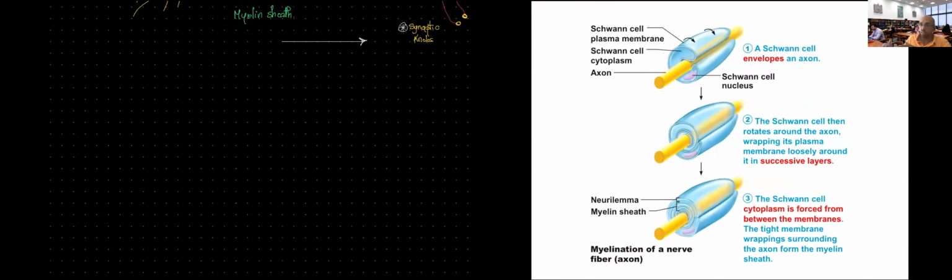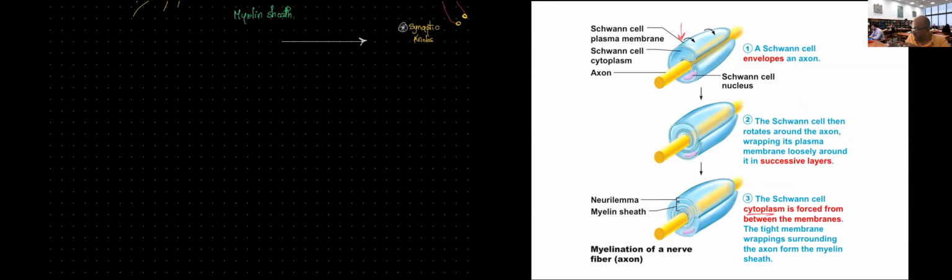So you see here, the Schwann cell will be wrapping the axon and will be wrapping its plasma membrane loosely first around the axon, forming multiple layers, and then will be forcing out the cytoplasm from between the membranes.